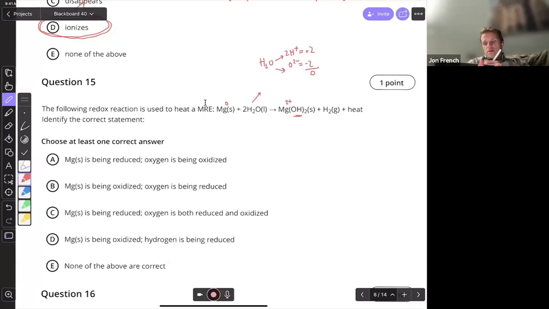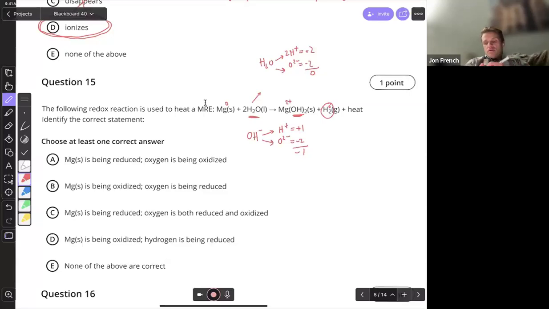I can split that up into hydrogen +1, oxygen -2, and the overall charge is -1. So the charge on hydrogen is the same in water as in hydroxide, so that's not going to help us. It's the hydrogen, right? The diatomic hydrogen ends up as 0 here.